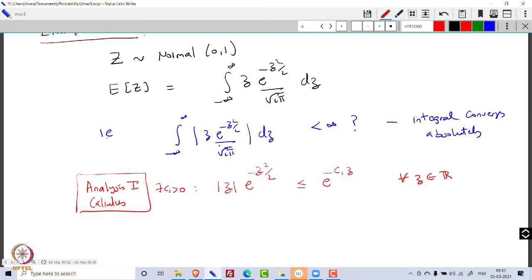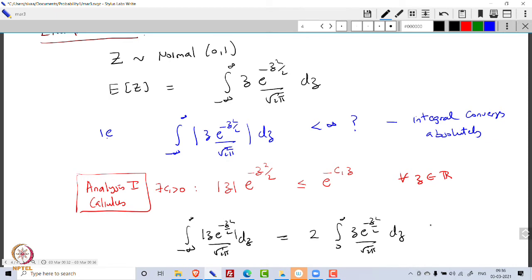But once you verify that, you do the following. Since the integral is non-negative, you first observe that the integral from minus infinity to infinity of mod Z e to the minus Z squared by 2 over root 2 pi dz is the same as twice the integral from 0 to infinity of Z e to the minus Z squared by 2 over root 2 pi dz, and that's less than or equal to twice the integral from 0 to infinity of e to the minus C1 Z dz over root 2 pi, and that's fine because that's an exponential, you know how to do it. Maybe I'll just work it out.